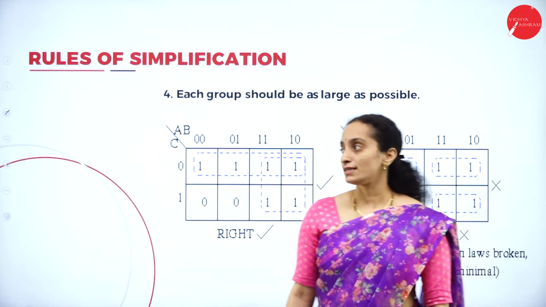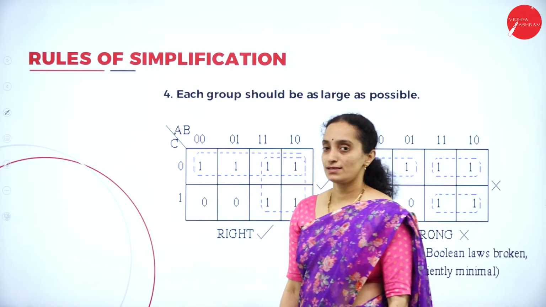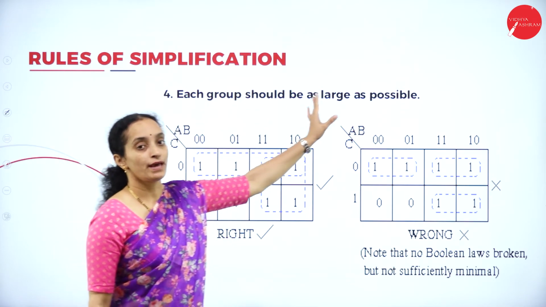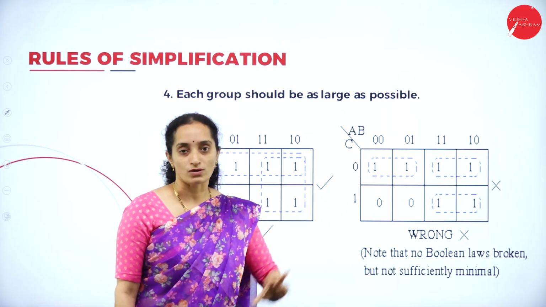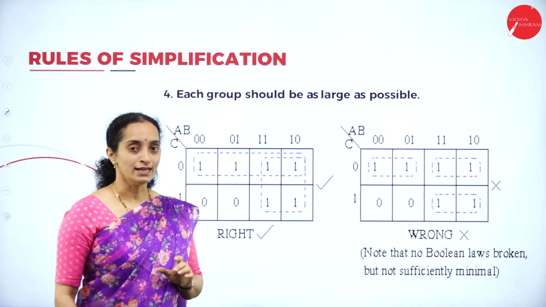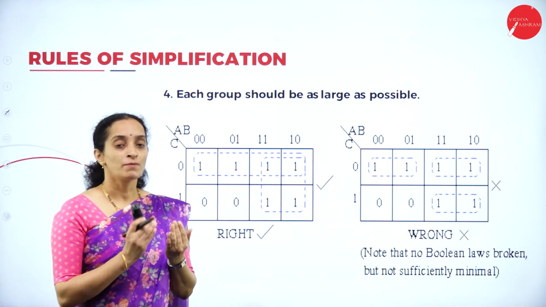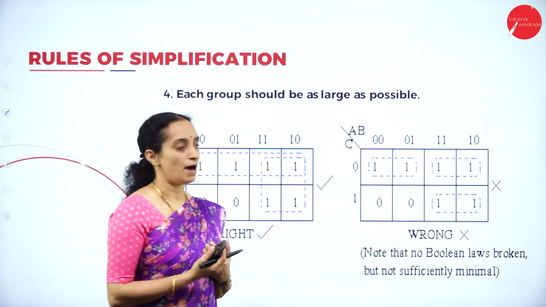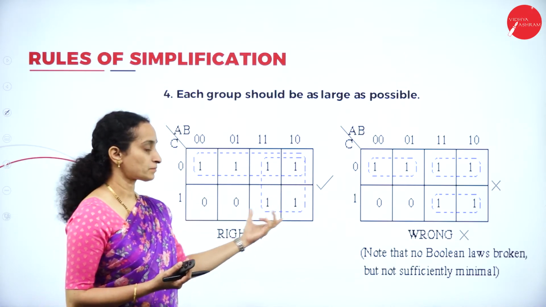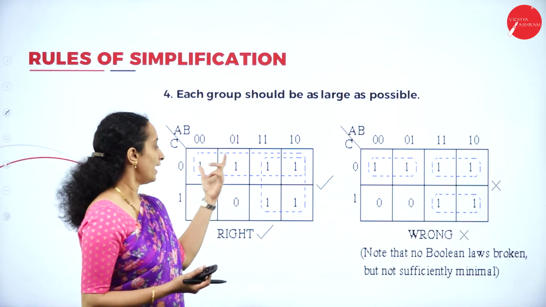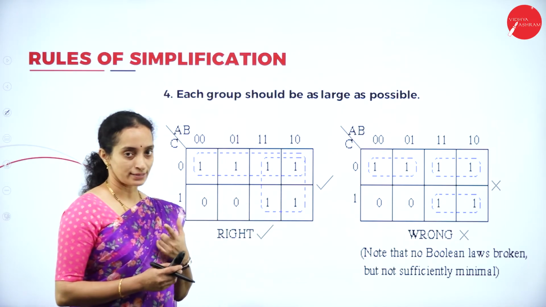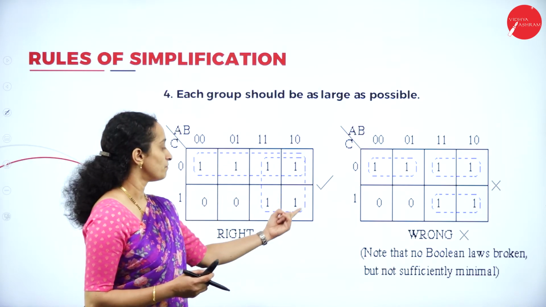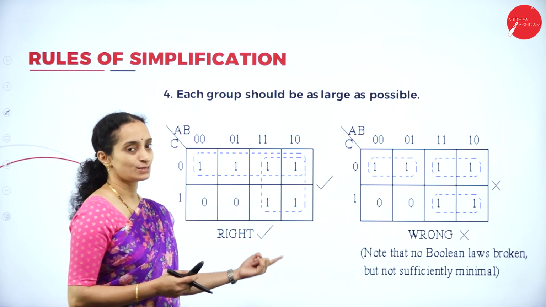Okay, the next rule is suggesting that each group should be as large as possible. You must try to group the maximum number of ones in a K-map. If you have a map like this and you have 6 ones, what the third rule says is you cannot make the group of 6 ones.